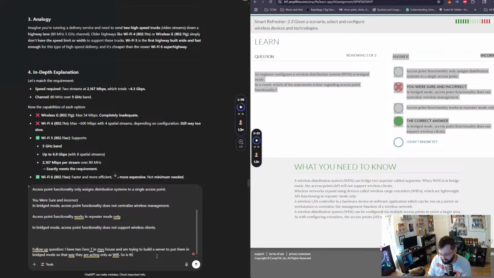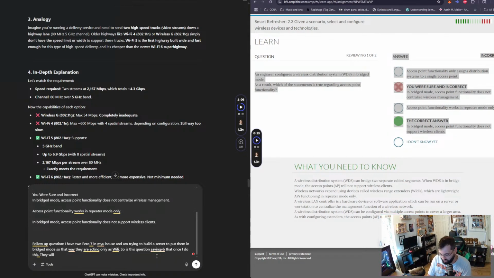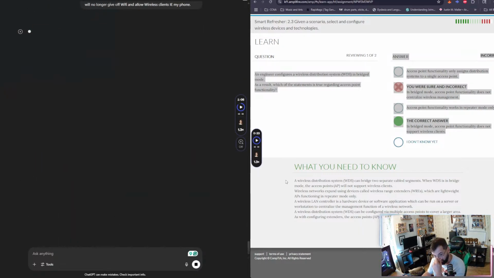So is this question saying that once I do this, they will no longer give off Wi-Fi and allow wireless clients, i.e. my phone? Okay. Let's see what it has to say. I'm very, very, very interested in this.